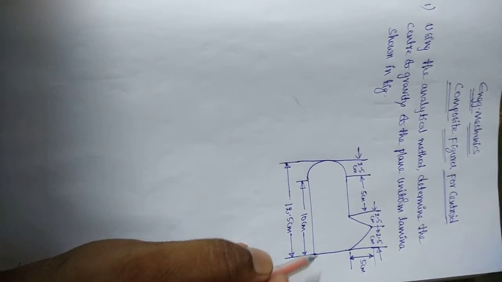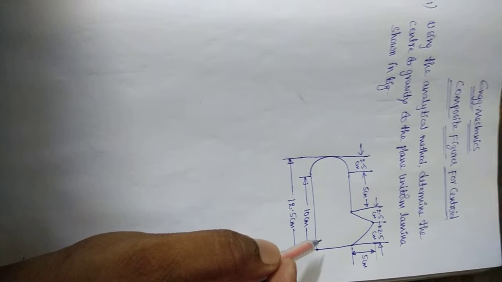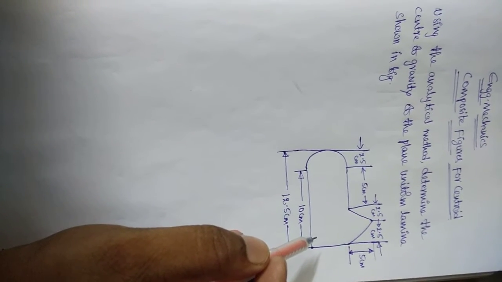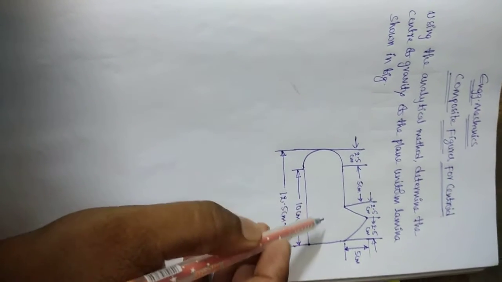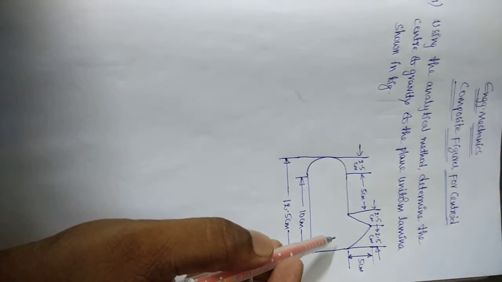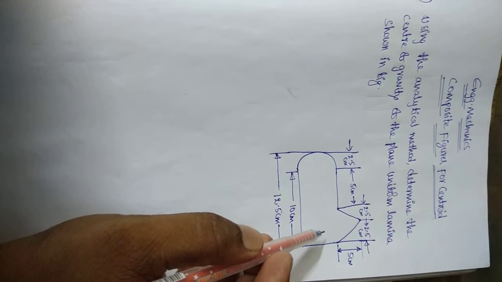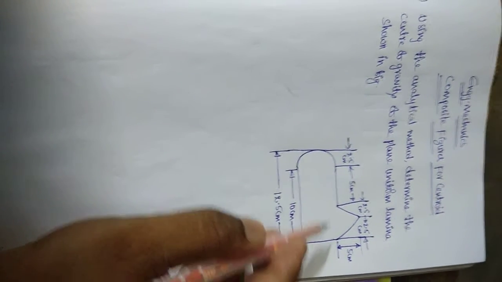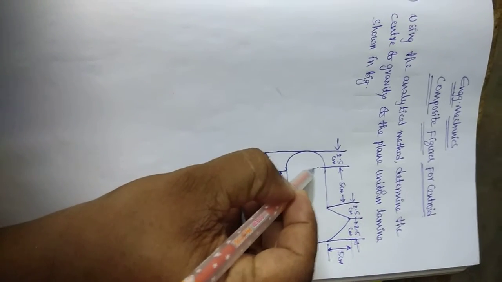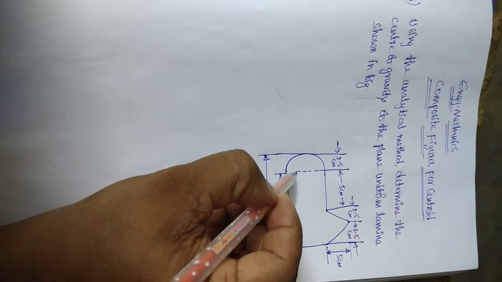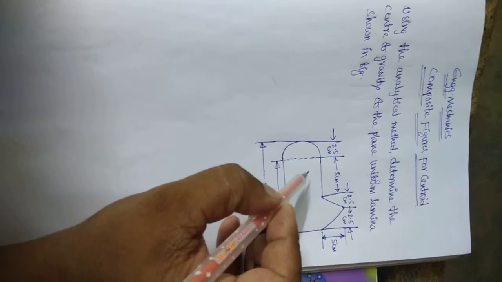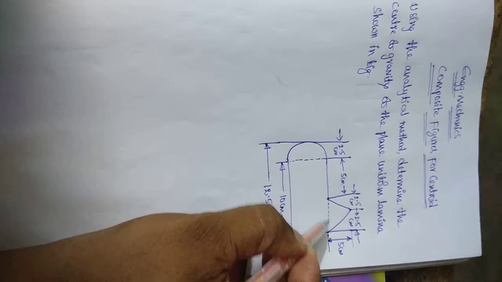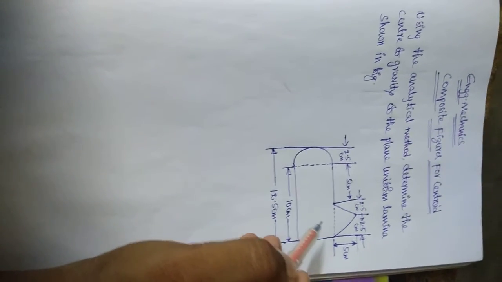Here we have a composite figure. First of all, by observing the diagram, we can see that we have three simple figures. First we need to divide or split the given figure into three components: square, semicircle, rectangle and triangle.